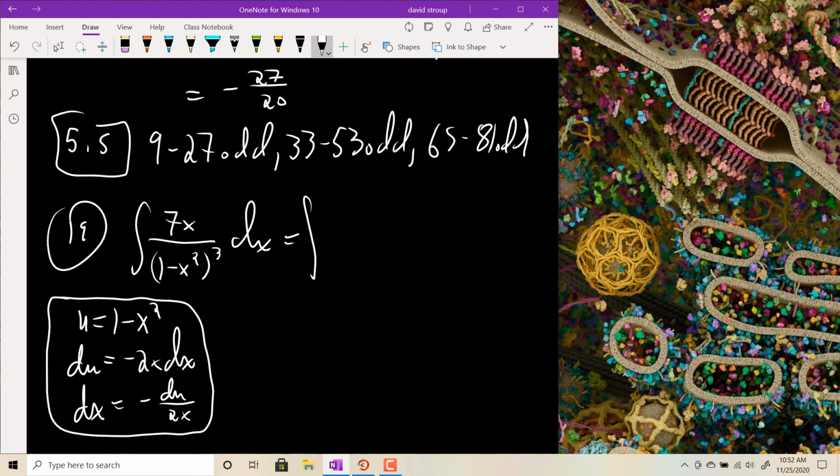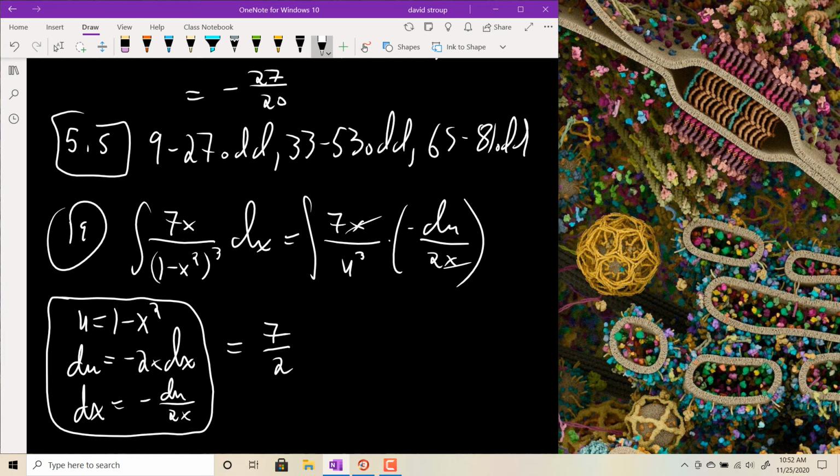So I have the integral of 7x all over u cubed times -du over 2x. That'll be 7/2. The x's will cancel, and there's a negative there. Don't forget that as well.